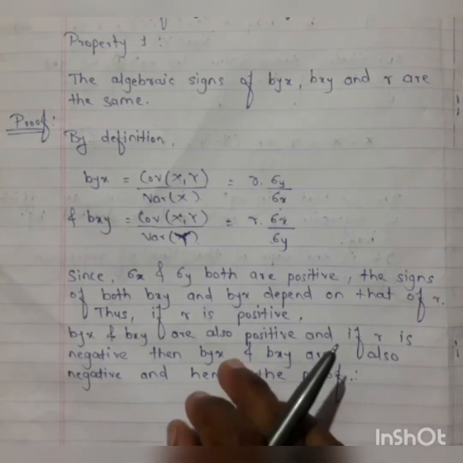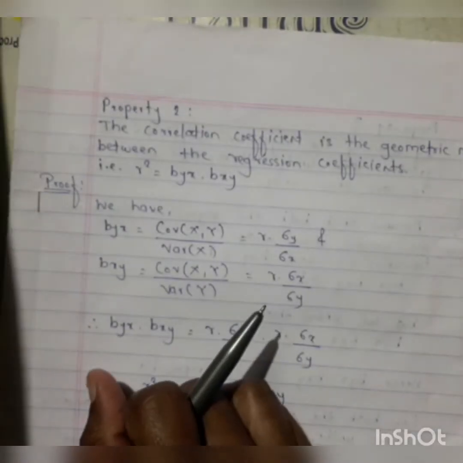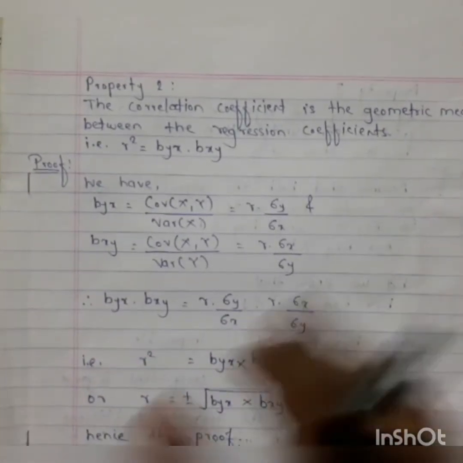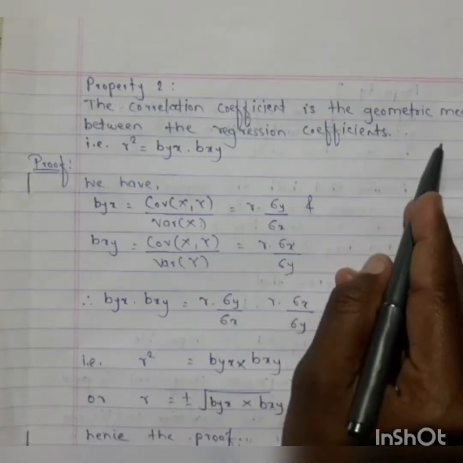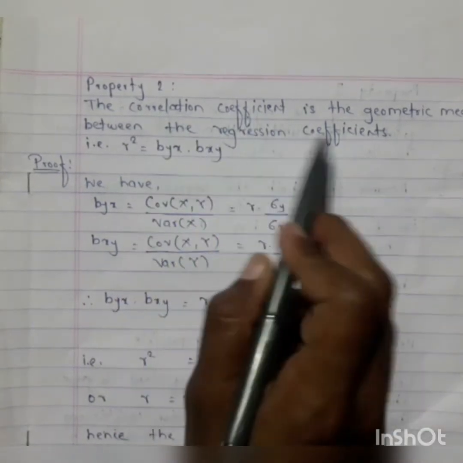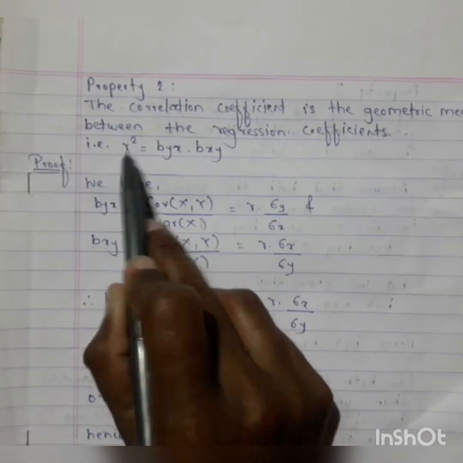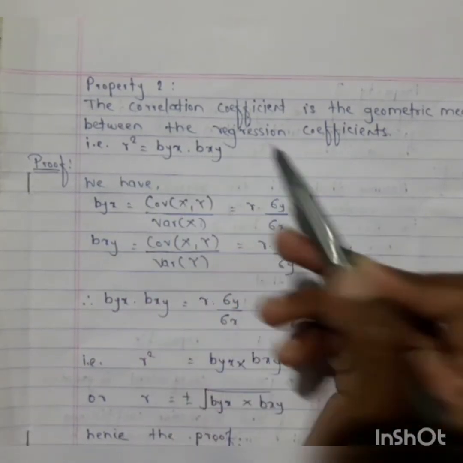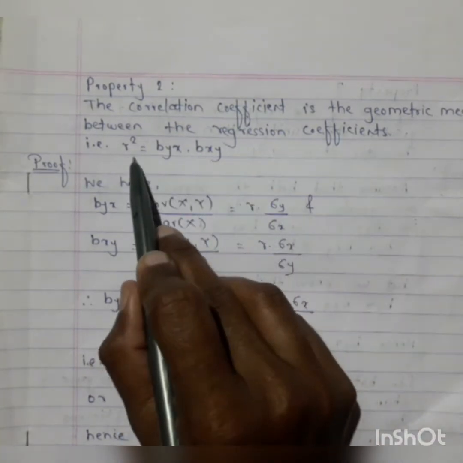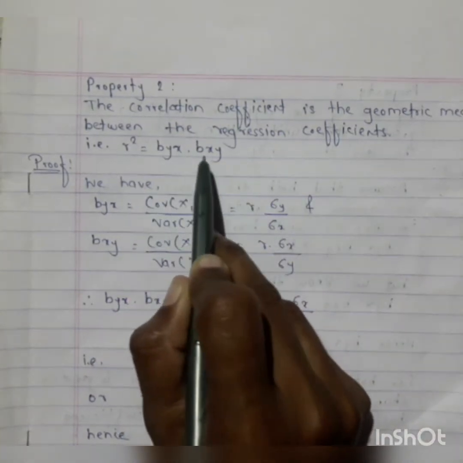Then the next property, that is the second property: the correlation coefficient is the geometric mean between the regression coefficients, that is, r square is equal to byx into bxy. That is, we have to prove that r square is equal to byx into bxy.